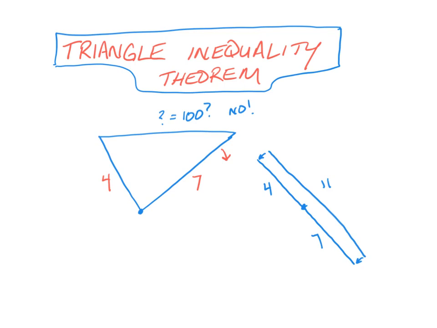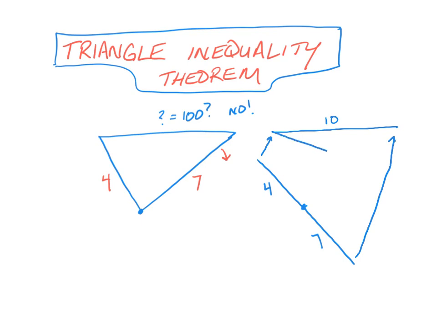But now let's imagine that I have one that is 10. So I'll draw a line here that is 10. Again, this is hinged. I can take this spot, move it to there, and swing this up and move it to there. And it would make a triangle.